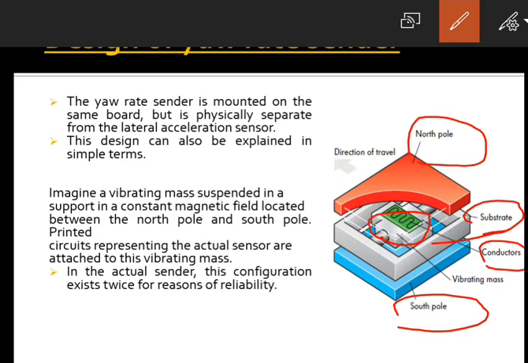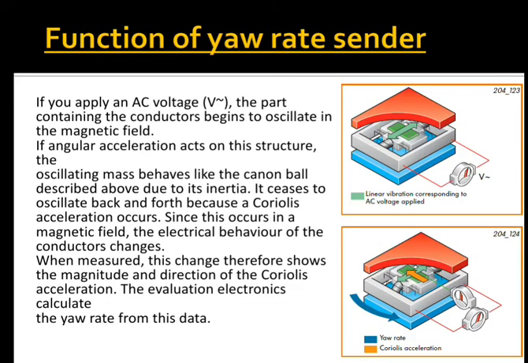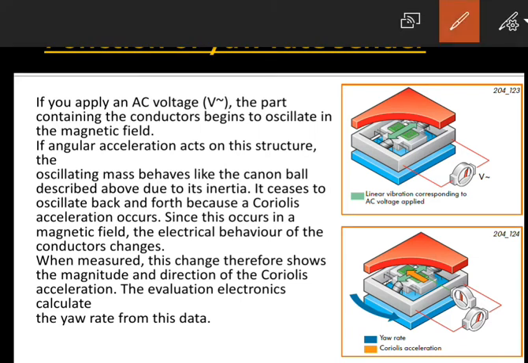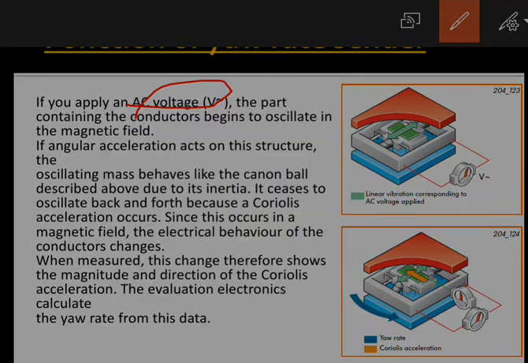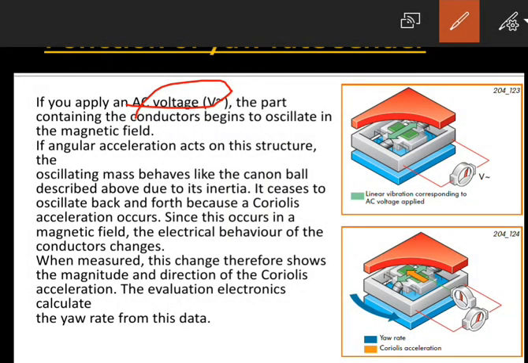Suppose when yawing occurs in our vehicle, this vibrating mass produces vibration. AC voltage is supplied to this device, and if AC voltage is applied, then the conductors begin to oscillate.